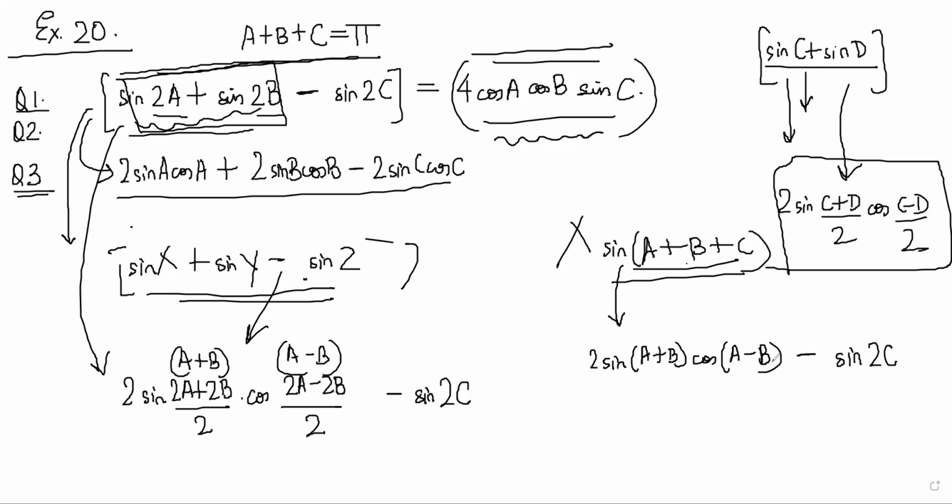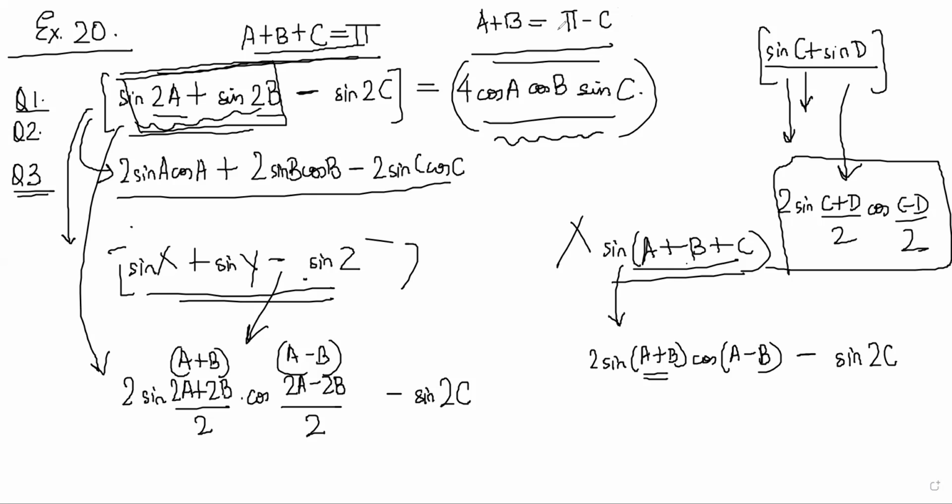What have we learned in the previous page? What is a plus b? If a plus b plus c is pi, a plus b is pi minus c. So sine of a plus b will be what then?